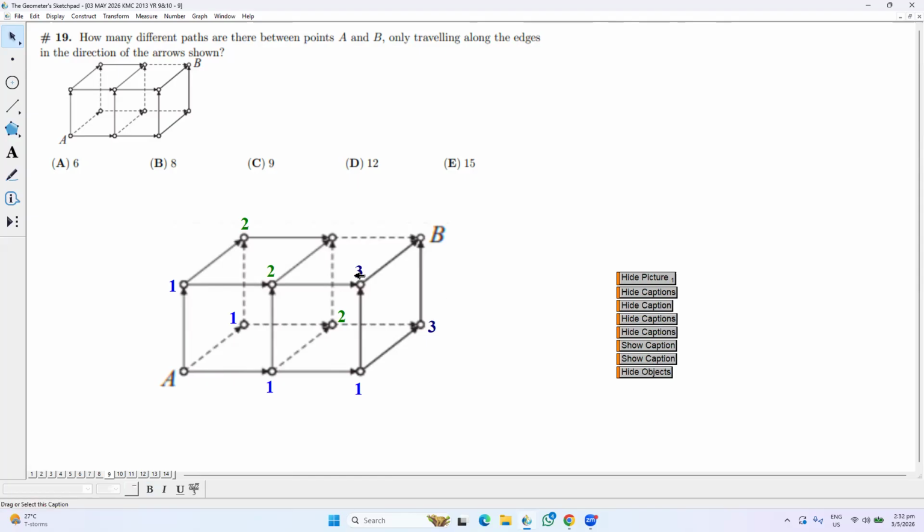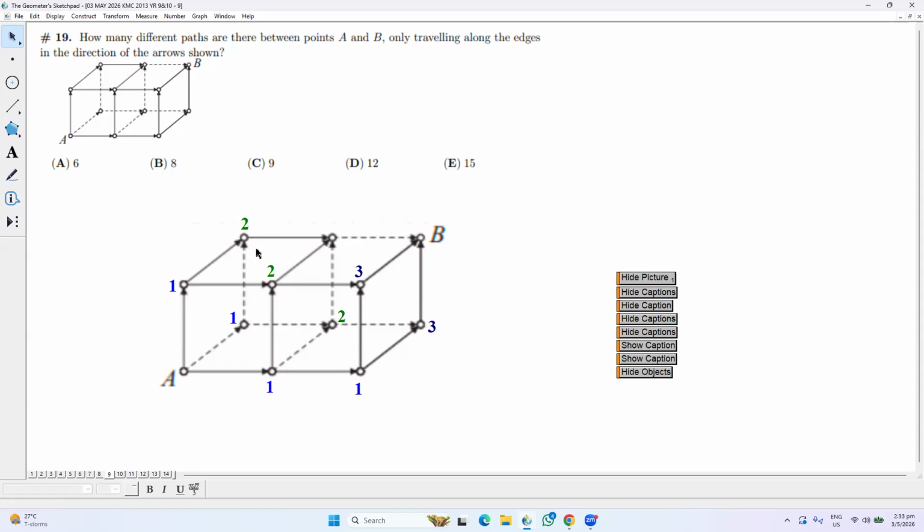Then this one is 3 ways because here 2 ways, here 1 way, 2 plus 1 is 3. We understand it by saying here 1 way, 1 way, 1 way, here 1 way already. Here 1 way, here up, here second way. But because this one is 2 ways, you can also go up and then here. So 2 ways here give you a total of 2 plus 1, 3 ways. Similarly, 2 plus 1 is 3.